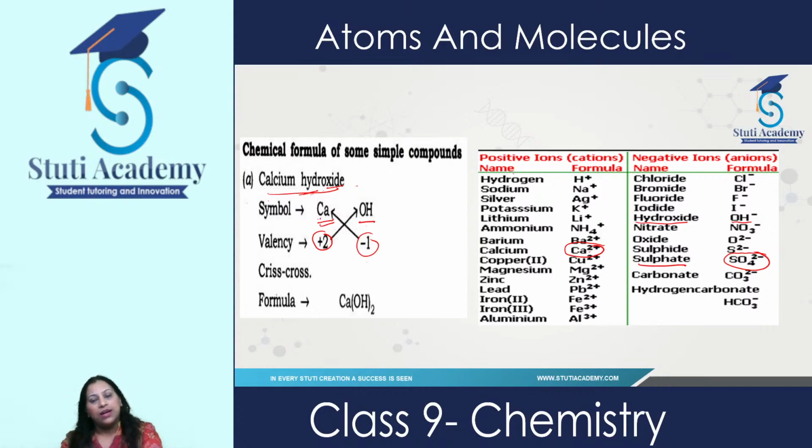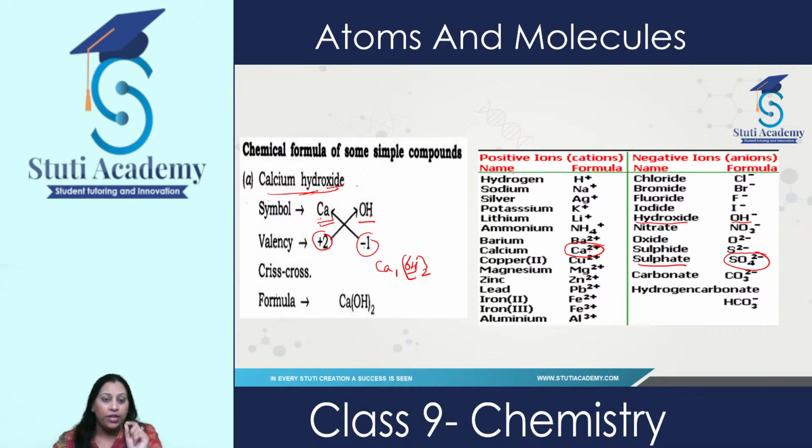And then crisscross their valencies. If I'm crisscrossing, this 2 comes with this OH and this 1 comes with Ca. So no need to write it like this. As I told you, if it is more than one number and it is polyatomic, it has oxygen and hydrogen.